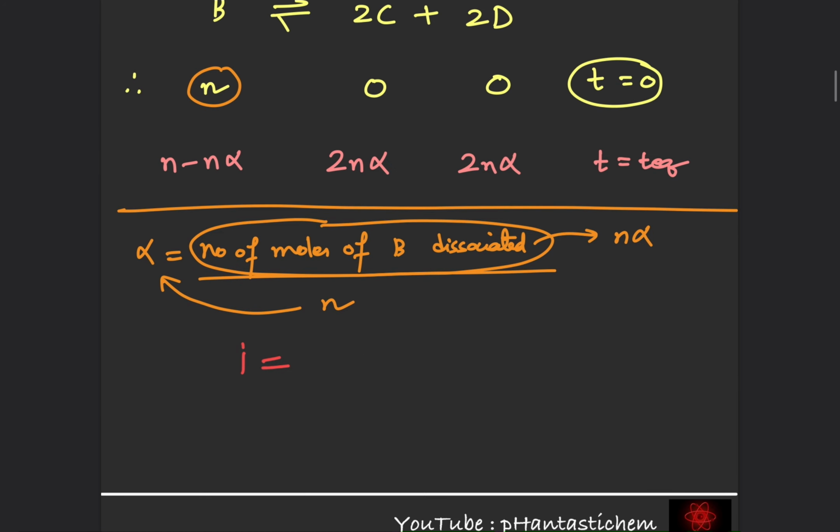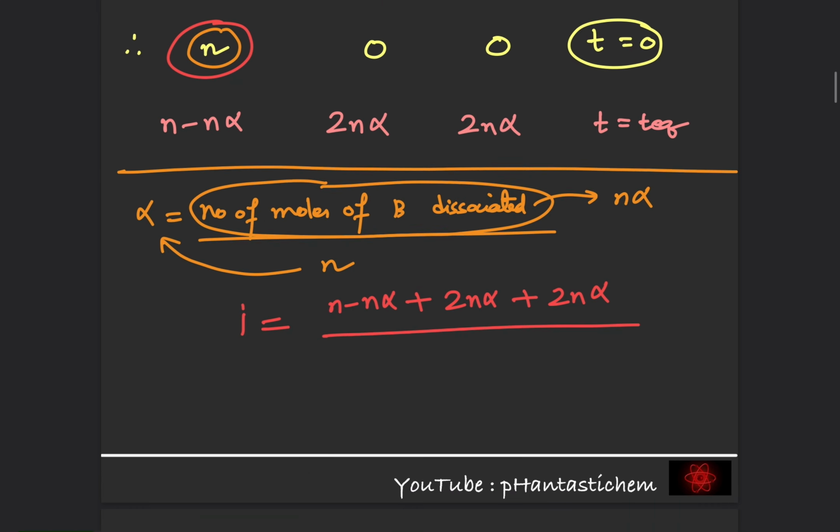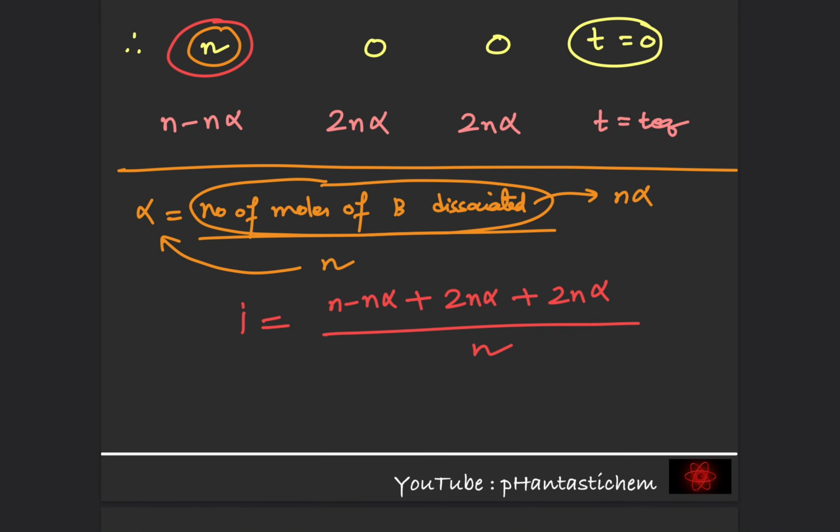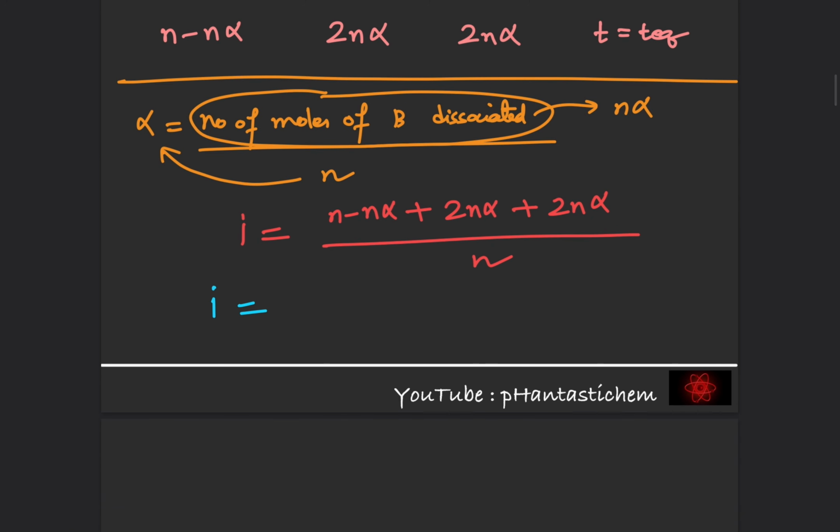After dissociation we have N minus N alpha plus 2N alpha plus 2N alpha, and before dissociation we just had N moles of B. So i will be equal to 1 minus alpha plus 2 alpha plus 2 alpha, which is equal to 1 plus 3 alpha.